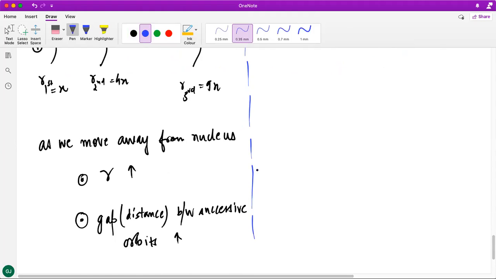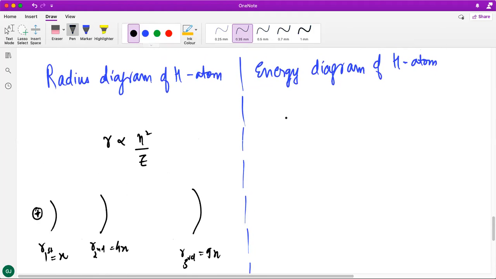Now अब यही चीज आप एनर्जी के पर्सपेक्टिव से नोटिस करना. We just derived the result of energy of orbits, and we found out that energy is proportional to, or in fact, let me write the entire formula, minus 13.6 into z square by n square in the units of eV.